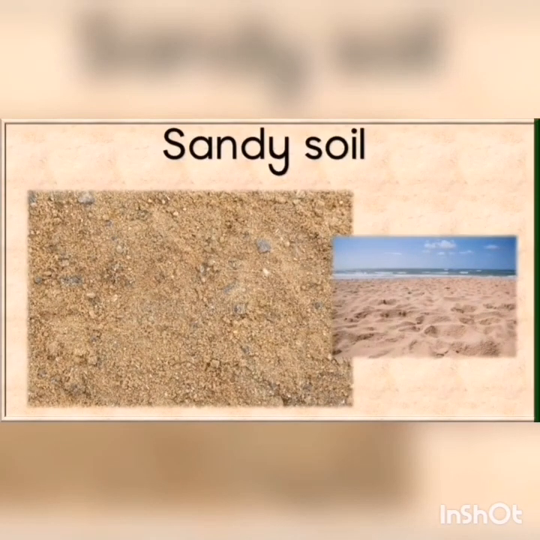Sandy soil. If you rub some of this soil with your fingers, you will feel it is hard, dry, and sandy. It is easy for the wind to blow sandy soil away. If you pour water over sandy soil, the water runs through it quickly and carries away some of the sand. Plants don't grow well in this light-colored soil.